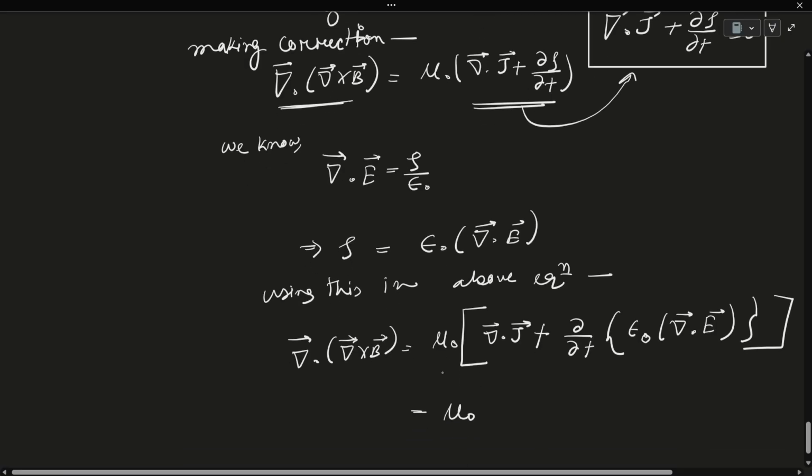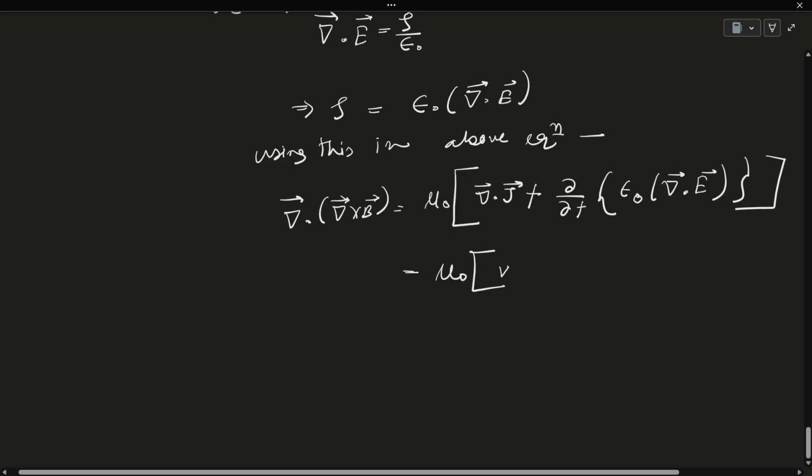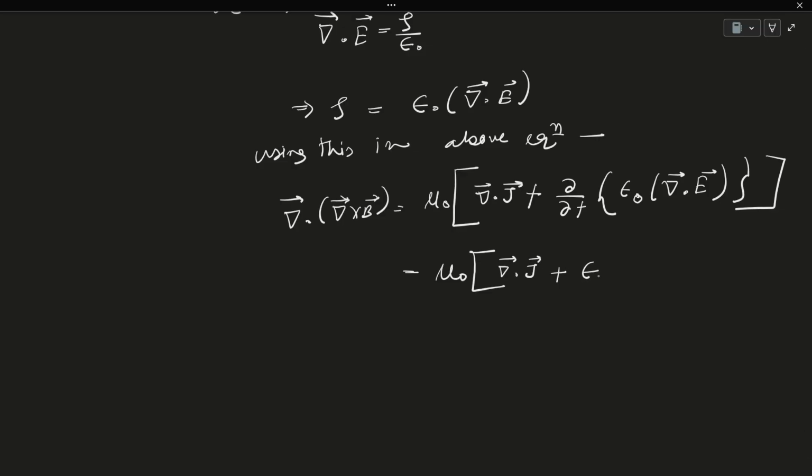So mu naught, and then del of J plus what? Epsilon will be outside. And then I can also write del of del E del t, right?